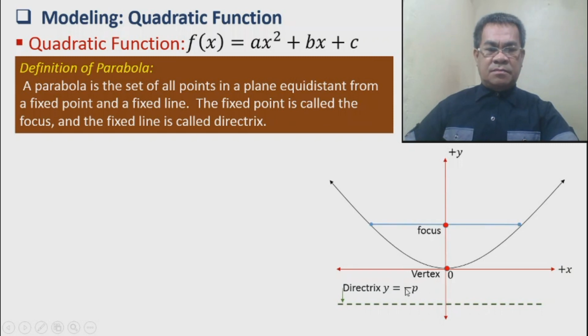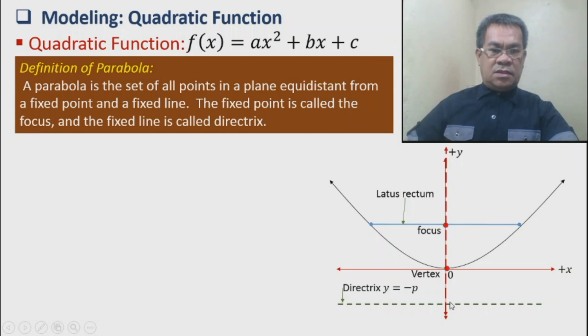So this directrix line does not touch the parabola, while the focus touches the line. The latus rectum passes through the focus, and the ends of the latus rectum touch both sides of the parabola.